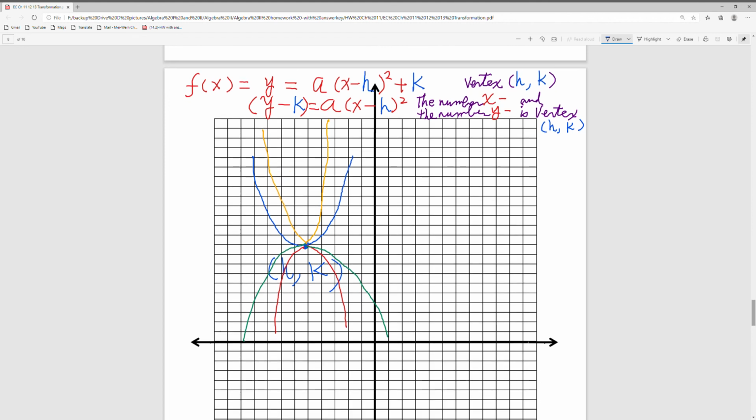The next page still says the same thing, okay? Because it's so important, I want to emphasize it many times. The number x takes away is h. The number y takes away is k. Okay, so the vertex is (h, k).